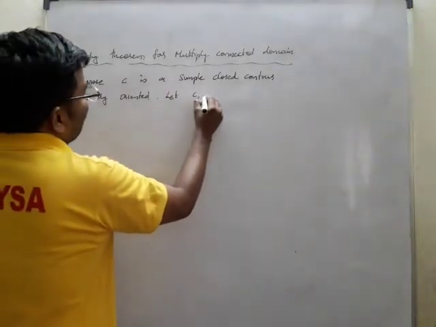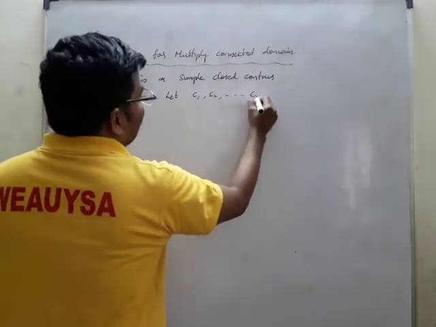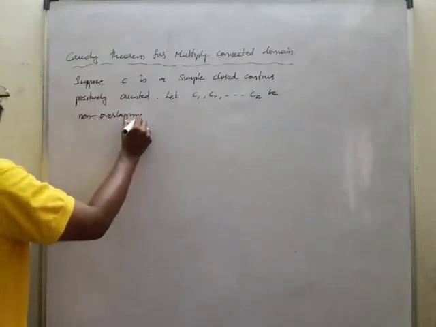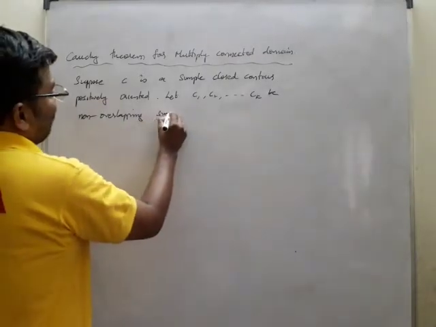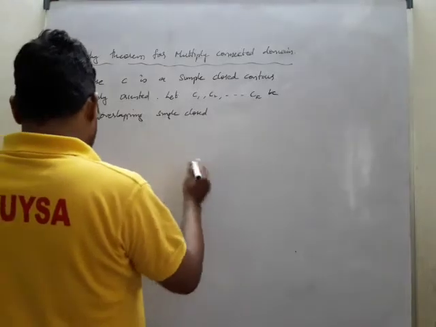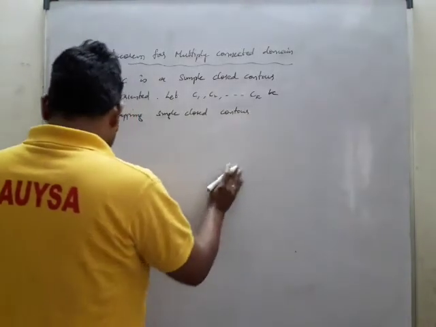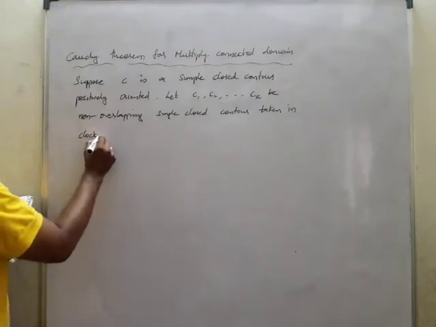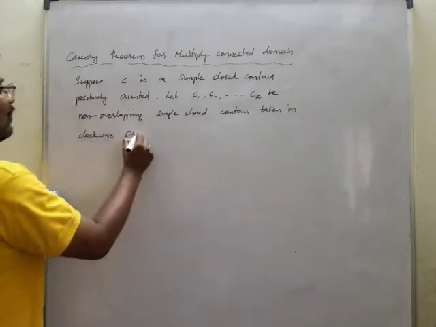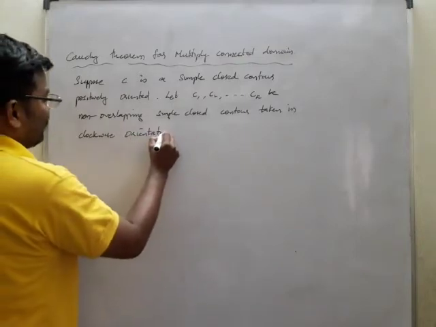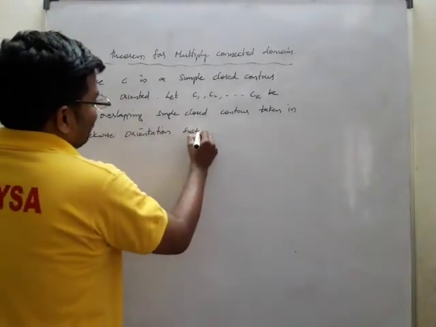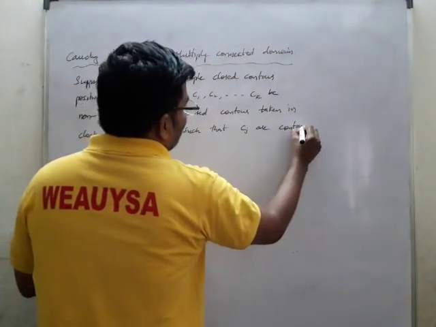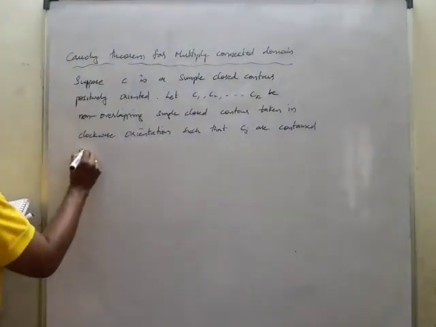Let C1, C2, and so on, Ck be non-overlapping simple closed contours taken in the clockwise direction, or orientation, such that the Cj are contained inside C.